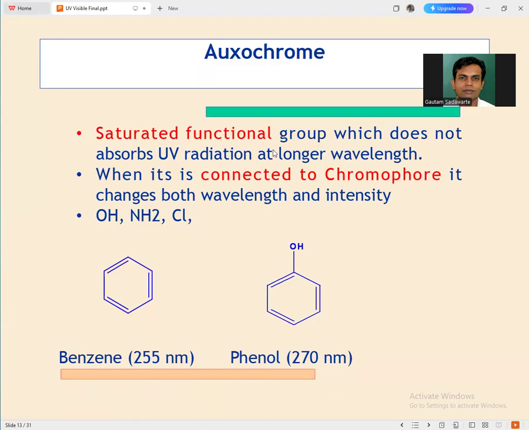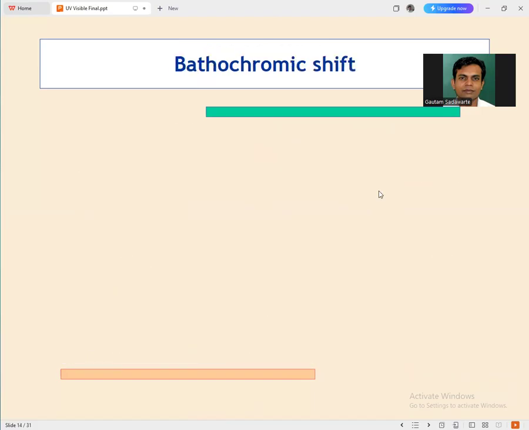Its intensity goes on increasing, and there is an increase in wavelength. If you see aniline, when it is connected to an NH2 group, again it increases, to about 280 nanometers.